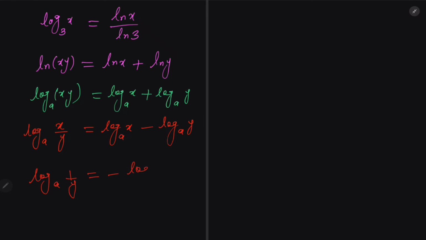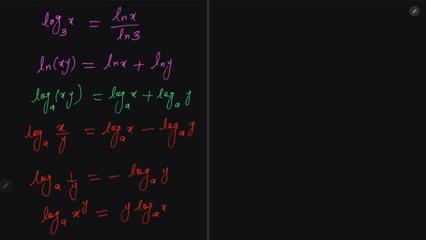These laws remain the same. The power rule, log base a of x raised to power y, equals y log base a of x. So these are the properties or rules for base a.